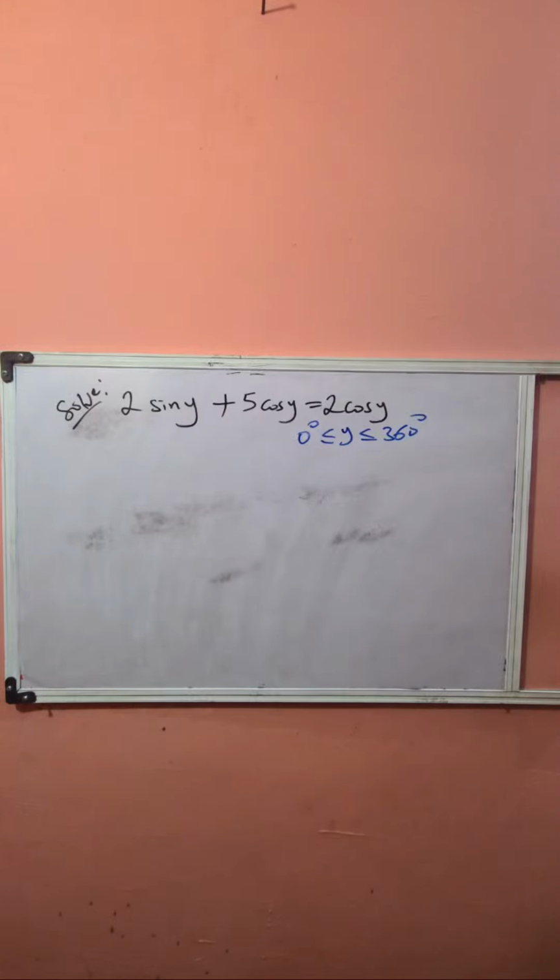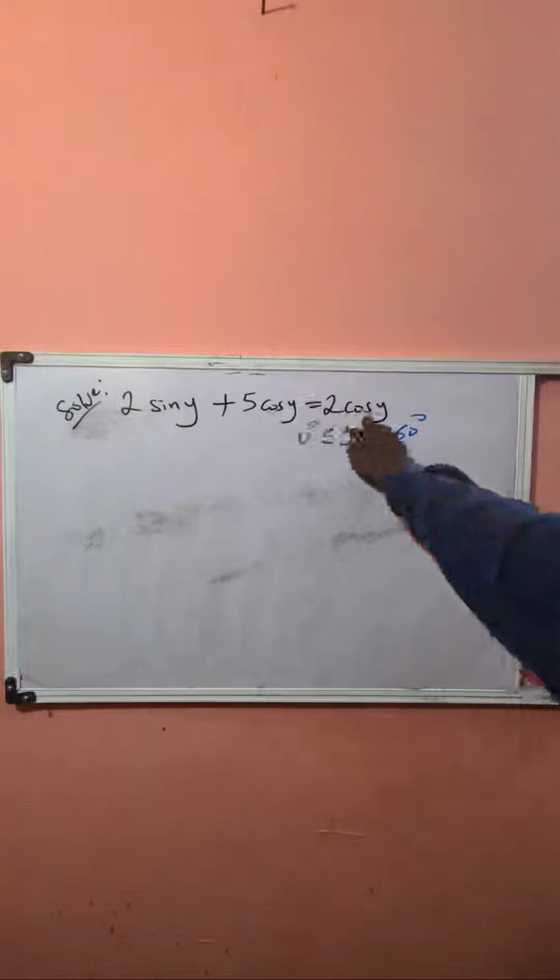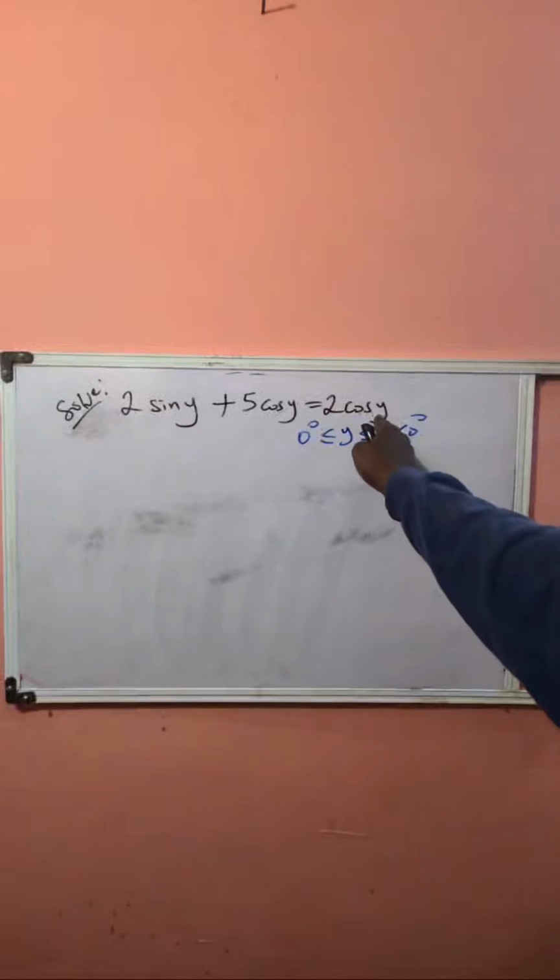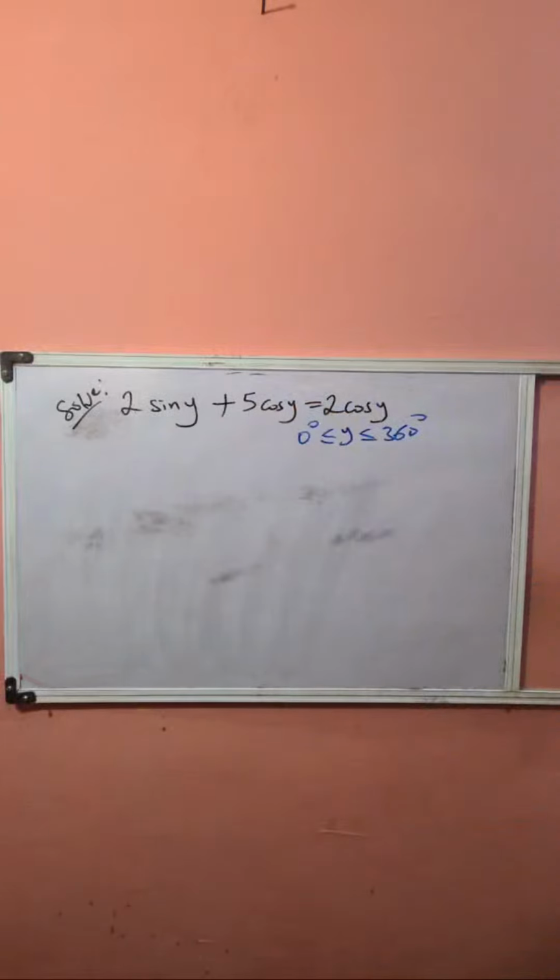Number one, you need to understand all your identities. That's what will give you a very big edge in solving this question. Now, looking at what we have here, I can see that cos y is here, cos y is here. This is 2 cos y, this is 5 cos y. So I don't need that level of complexities in my question.